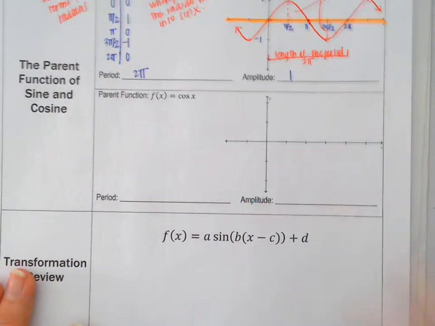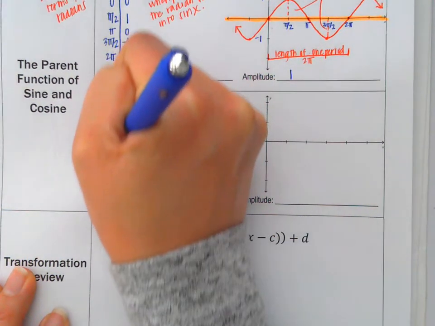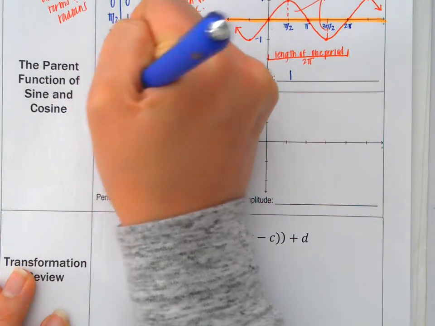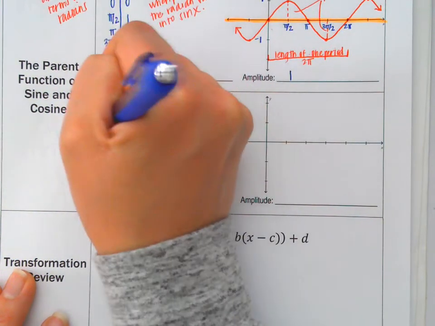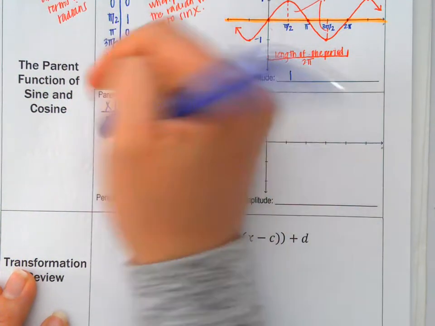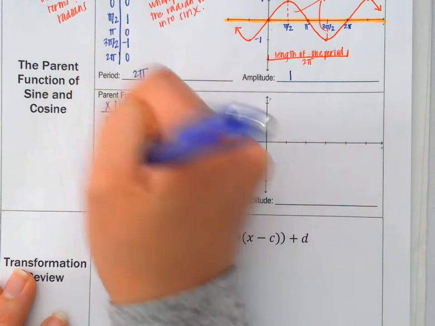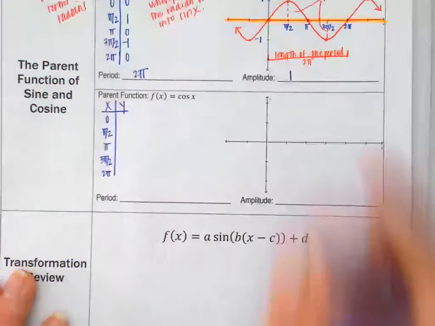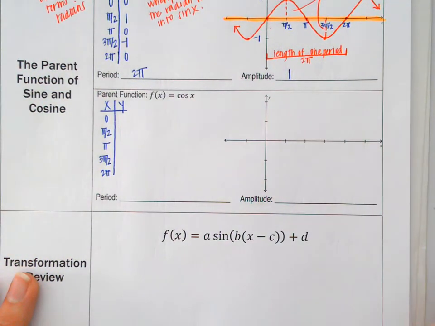So cosine, just like we always do with parent functions, we use the same x values that I used up here. So 0, pi over 2, pi, 3 pi over 2, and 2 pi. So now our y values are going to change, right?